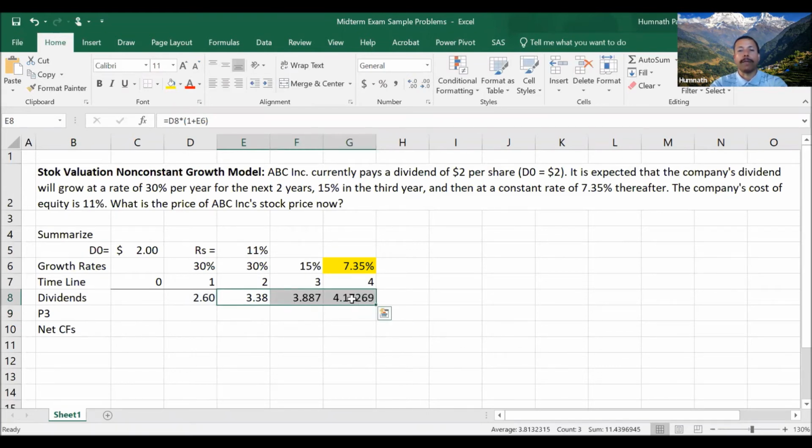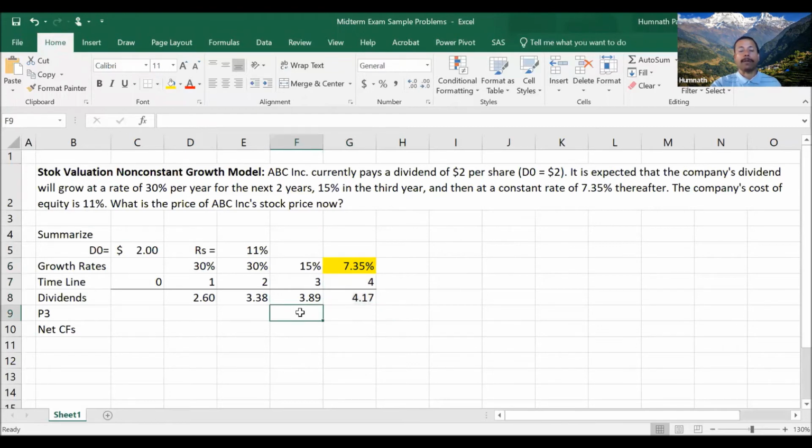Just to make sure it is correct: the year 3 dividend times 1 plus the growth rate is our dividend in year 4. I want only 2 decimals here, so let me reduce the decimals. All right, we calculated D1, D2, D3, D4. Please stop at D4 because the rate is constant from year 4.